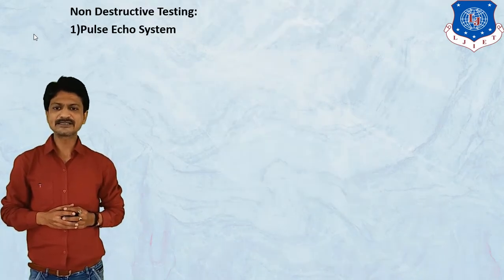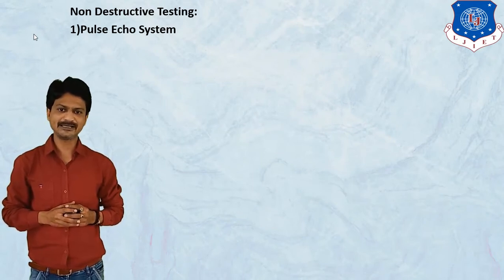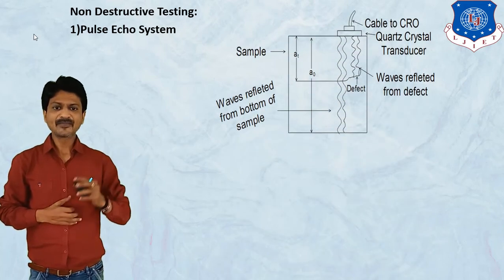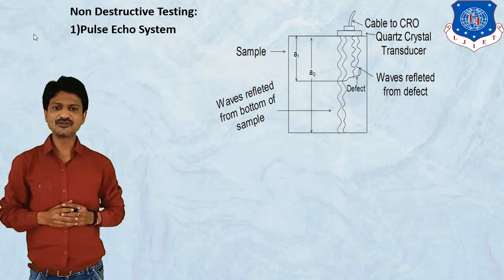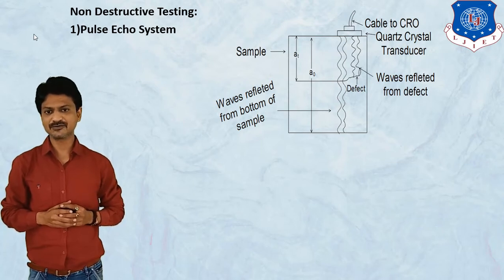So the pulse echo system is the most widely used ultrasonic test. In this method, as you can see in the figure, a single transducer is used for both sending and receiving the ultrasonic waves.